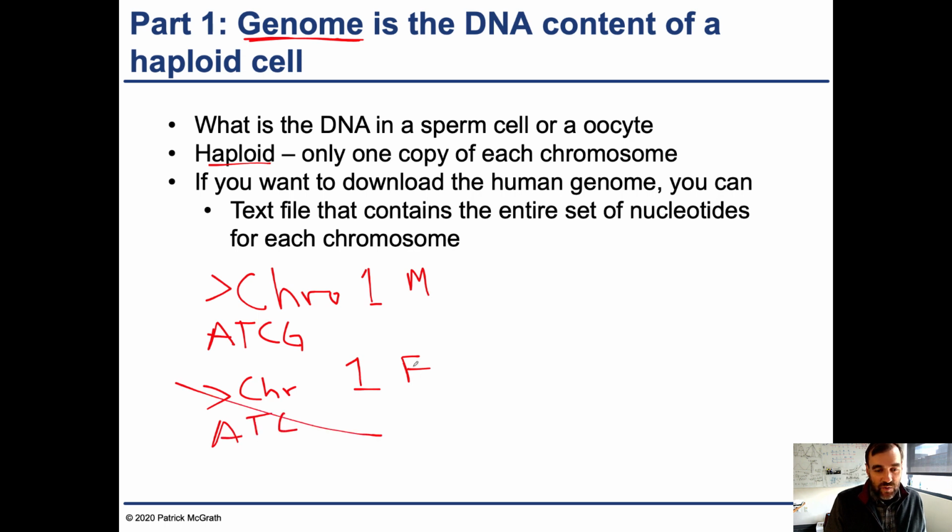But that's not what's included in the concept of a genome. The genome is the set of DNA that is unique: one chromosome 1, one chromosome 2, one chromosome 3, etc. When we get into meiosis, you'll see that's exactly the amount of DNA within a haploid cell, a sperm cell or an egg cell, an oocyte, which have only one copy of each chromosome. So you can think of a genome as the amount of DNA within a haploid cell.